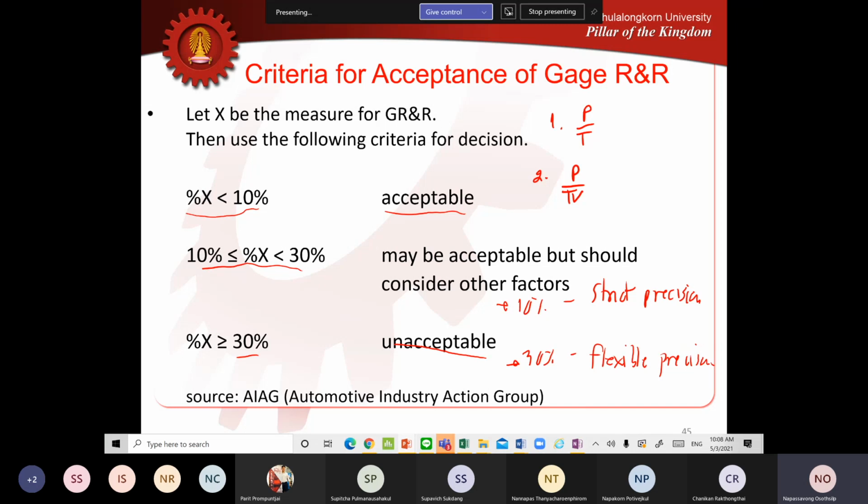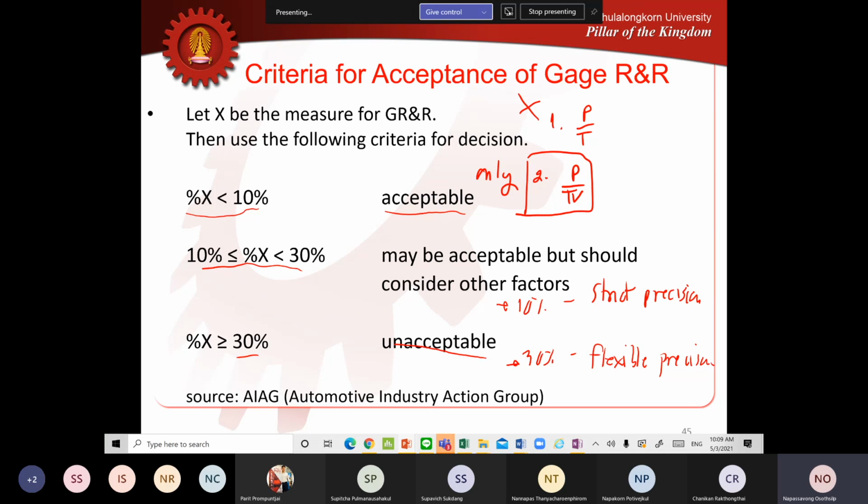And the most important thing is this: since we have two indicators, when we decide whether to accept the precision or not, we should actually focus on this indicator only. We will not base our decision on the P to T ratio.